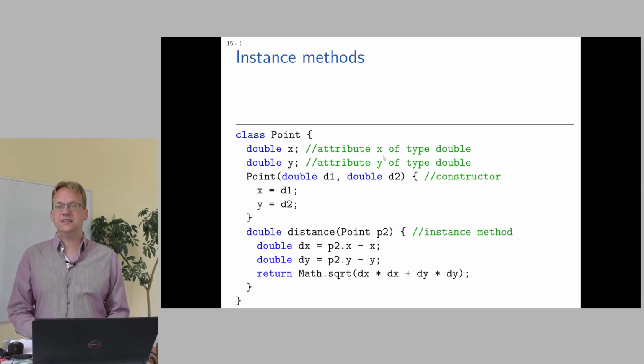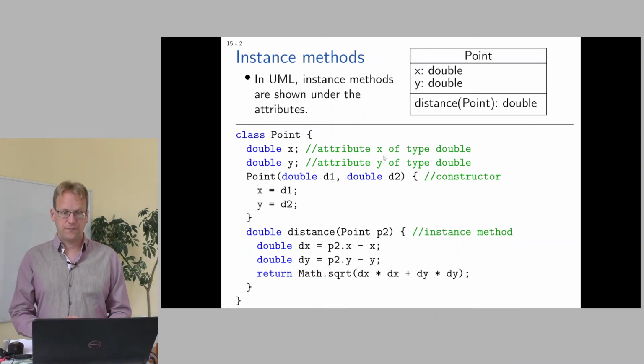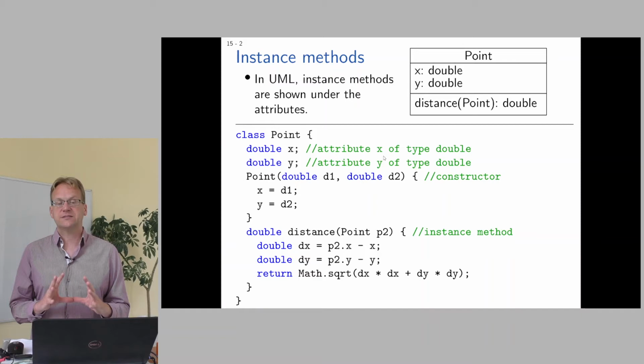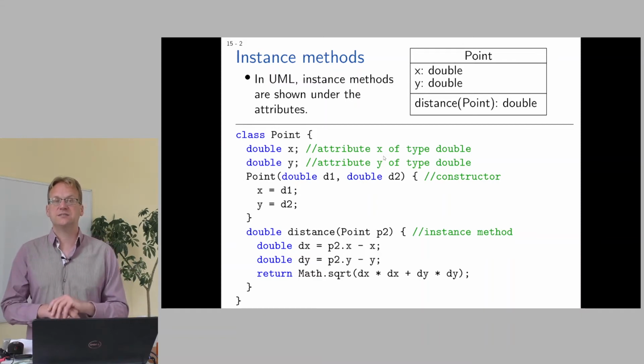Okay, very nice. Our first example of an instance method that we have implemented, that we have programmed ourselves. We can also add such methods to our UML diagrams. Just to remind you, UML diagrams are nice to visualize a conceptual model behind our program.